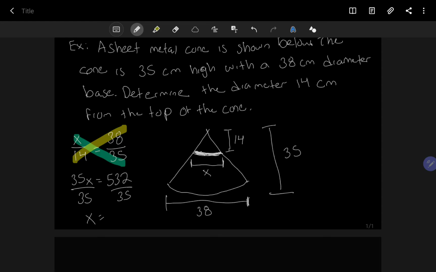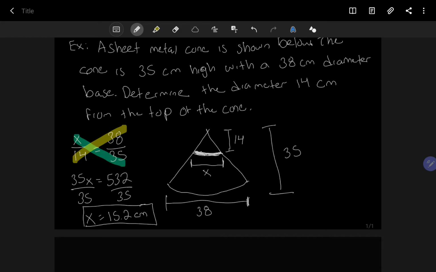So x is equal to 15.2. And then what was our units? Centimeters. Now, because most of the stuff that you're going to be doing in this class has to be pretty accurate, you have to make sure you keep your measurements. So just keep your centimeters, inches, or whatever else we're using.